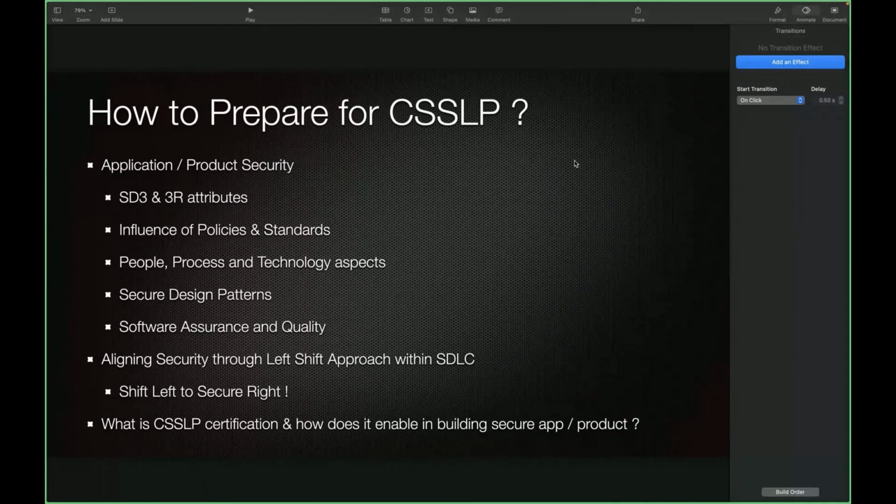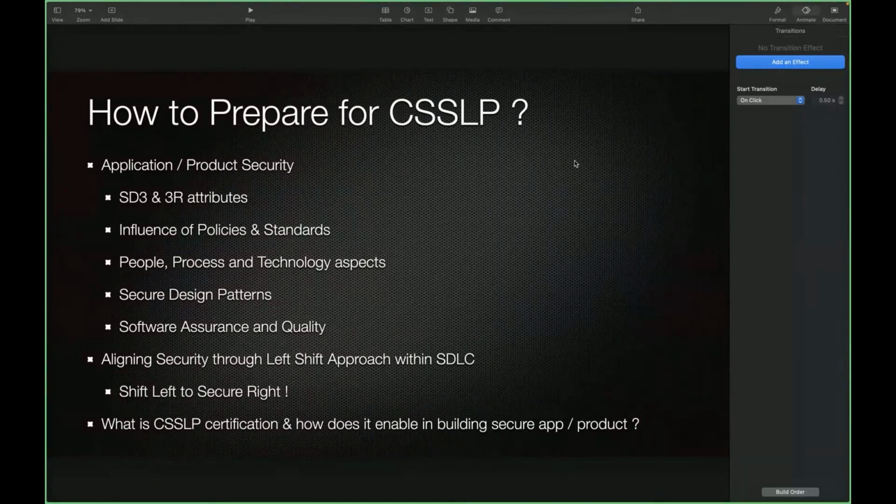And the last driver is all about, after going through all these drivers, right, what is the end goal? So in combination with all these drivers, the end goal is to attain software assurance and quality, right? The quality of the software can be attained only when any flaws in the design or bugs in the implementation have been handled in a focused manner, right?